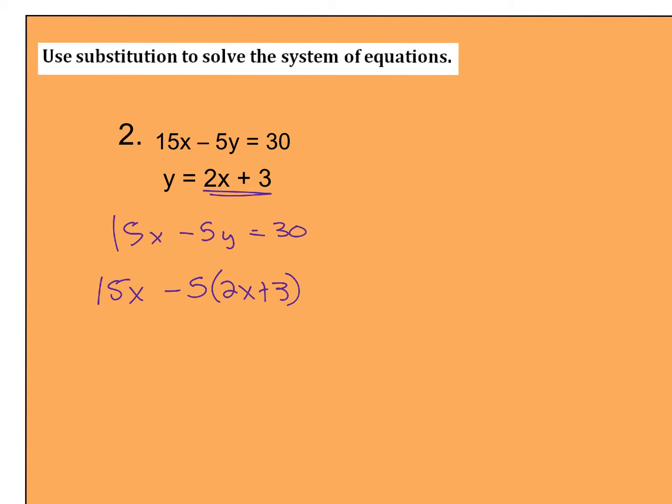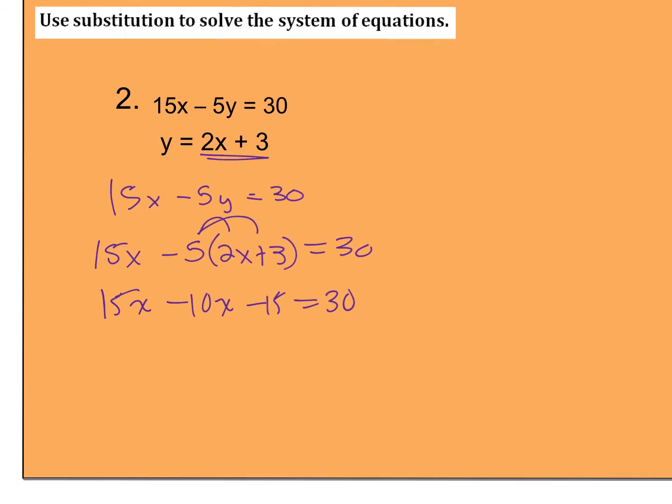That's going to equal 30. When I distribute this through, this becomes 5x, and I'm going to add 15.